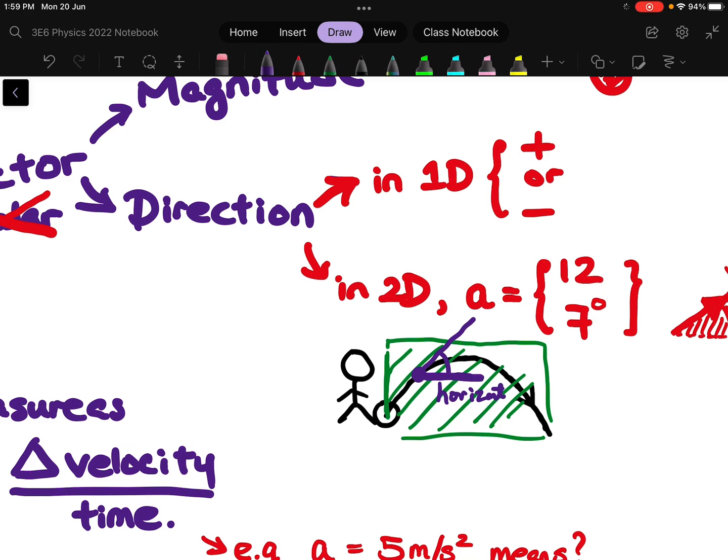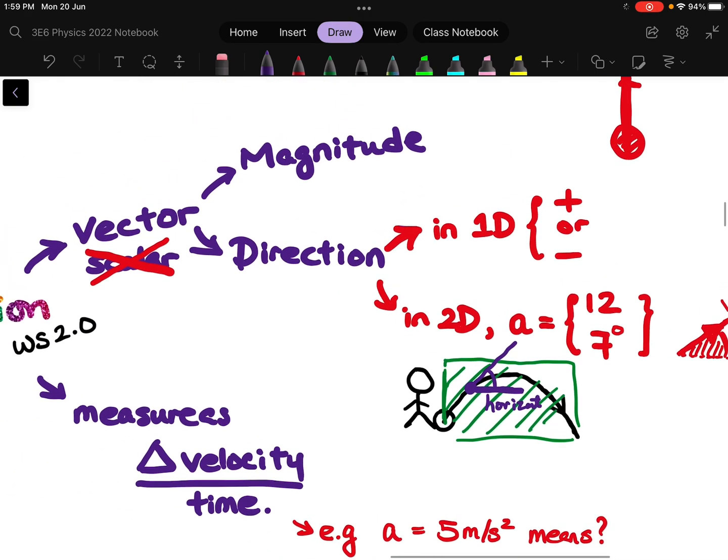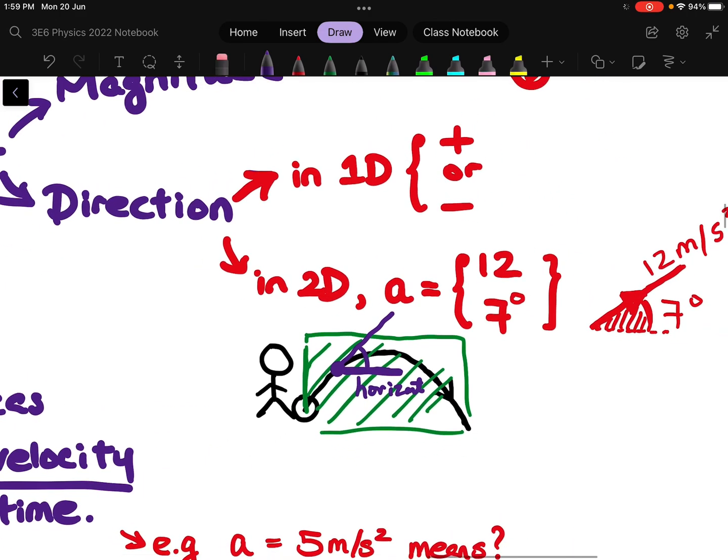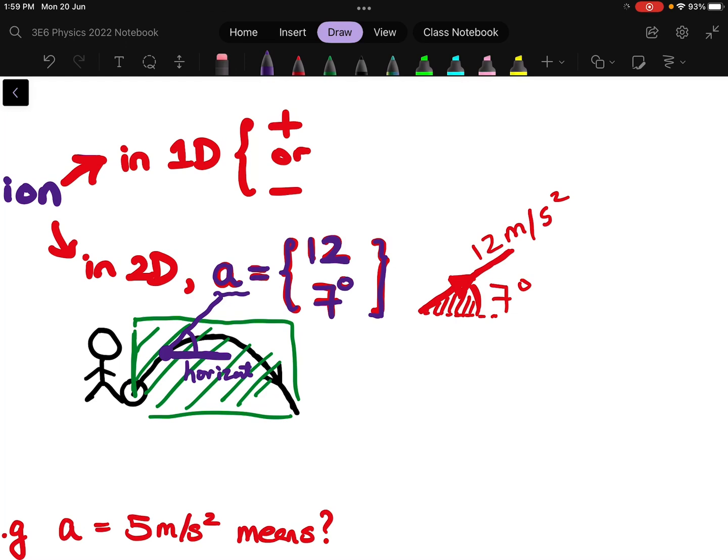When we say that there's a directional component to a vector quantity, it means that this particular vector quantity, in this case acceleration, can be written as two coordinates. I am showing you an example of what we call a polar coordinate, which tells you in the upper position the size of the vector, and then we denote the direction of the vector by the angle that it makes with the horizontal.